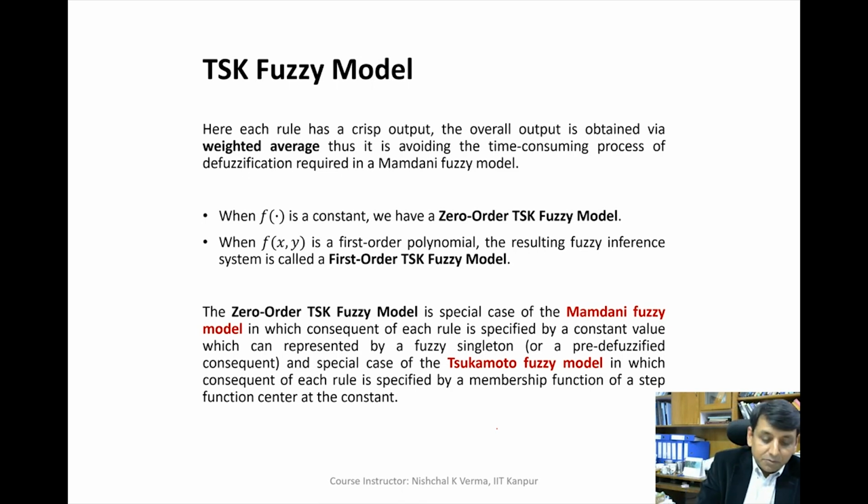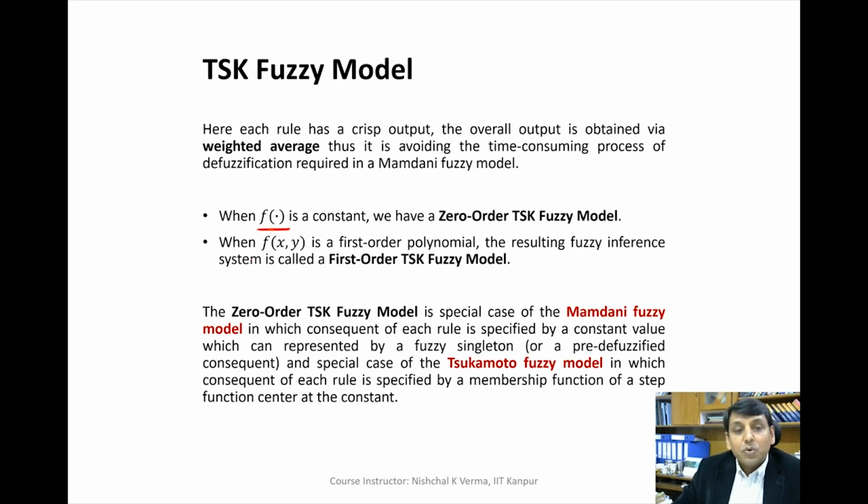Here f, the polynomial, can be a constant, and if we have such a case, then we call it the zero order TSK fuzzy model. We will discuss this in detail in coming slides. And when f(x, y) is a first order polynomial, the resulting fuzzy inference system is called the first order TSK fuzzy model.